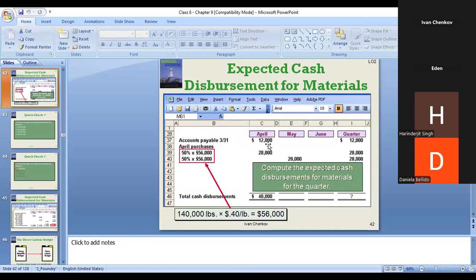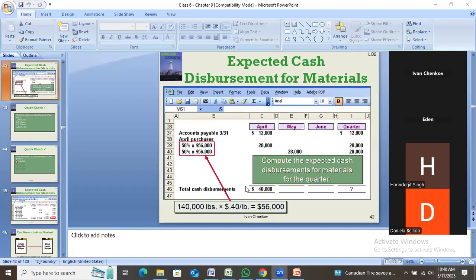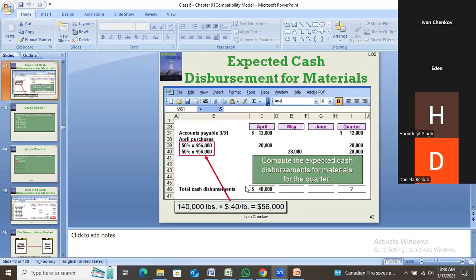And then we're going to pay the 50% and keep paying. So how much do we have to pay for the entire quarter? We're going to go and check our calculation. Not this one, sorry, wrong screen.